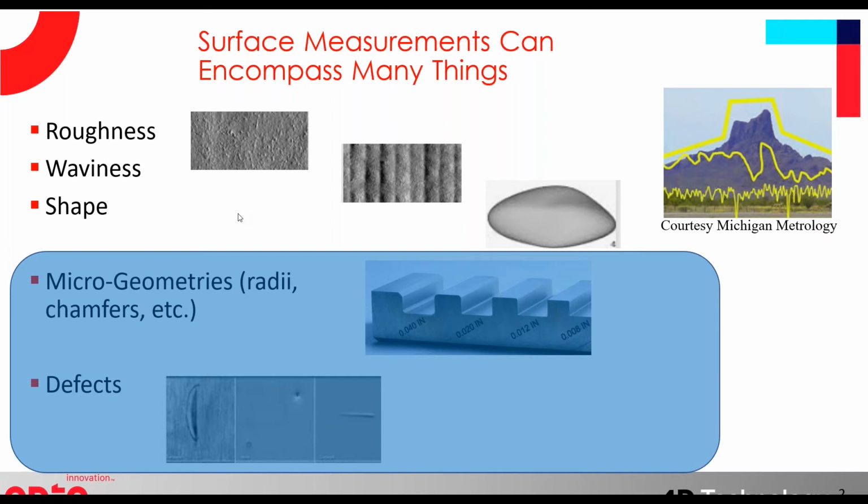Each of those typically will have different measurement tools that will address the needs of that type of geometry. Today we're going to be talking mostly about microgeometries such as radii, chamfers, blend radius, things like that, as well as defects, so pitting, scratches, nicks, dents, and other things that can affect the quality of both new components as well as used components, say in a maintenance setting.